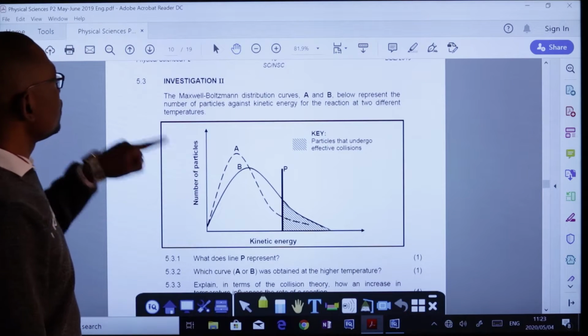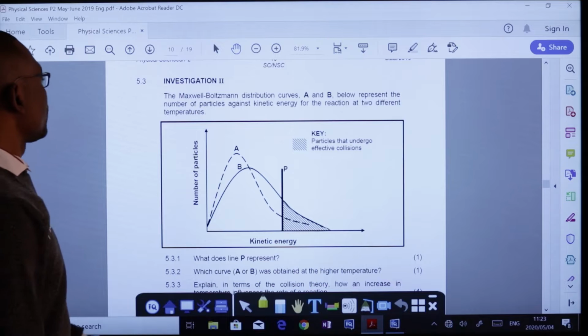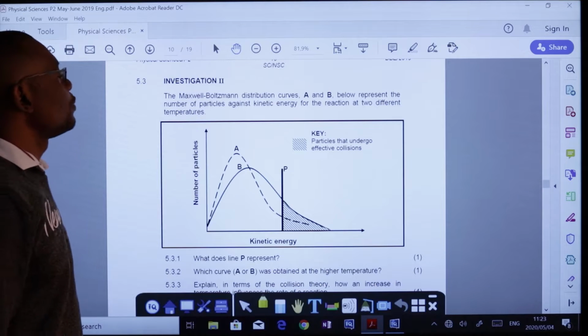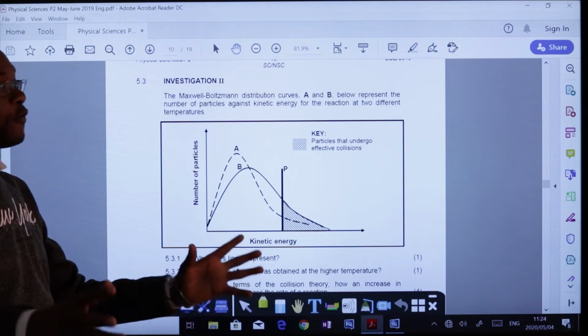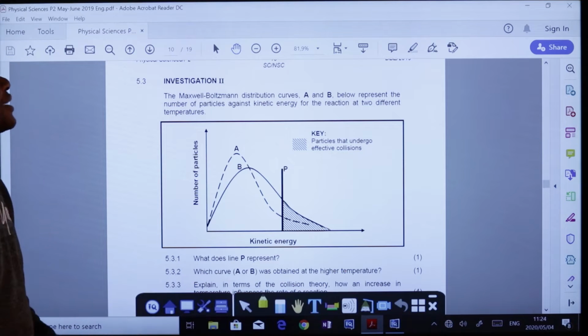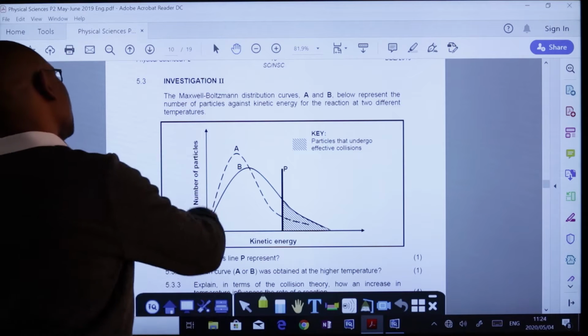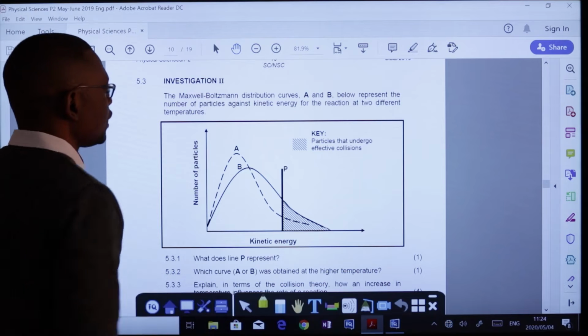Okay, look at investigation number 2. They are saying that the Maxwell-Boltzmann distribution curves A and B below represent the number of particles against kinetic energy for the reaction at 2 different temperatures. Here we have the number of particles and the kinetic energy.